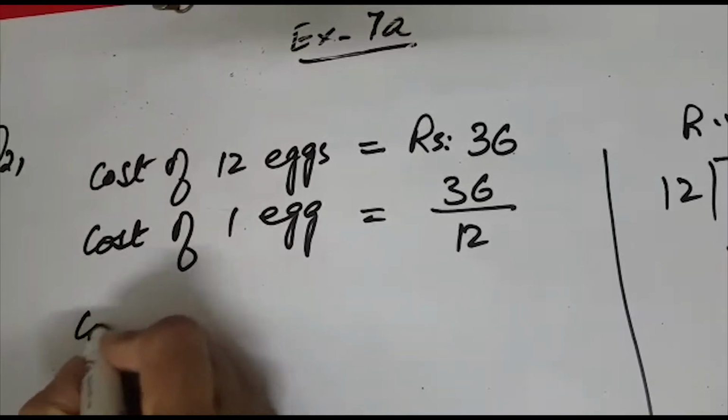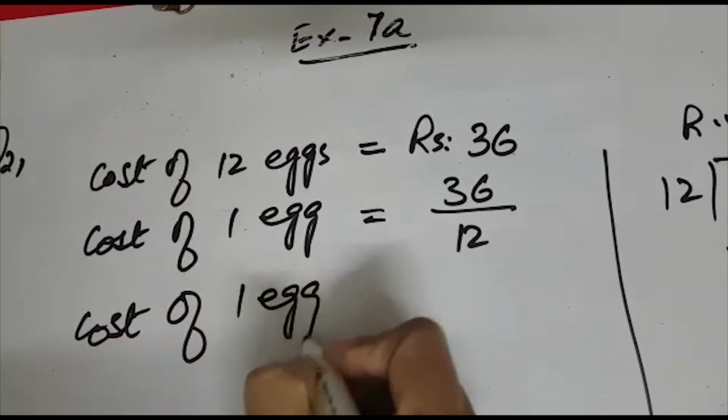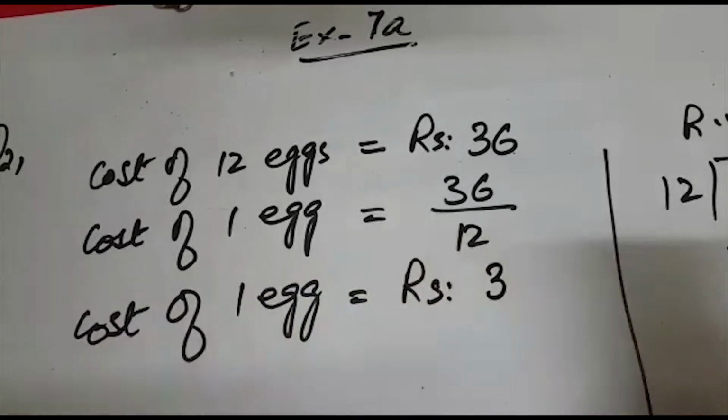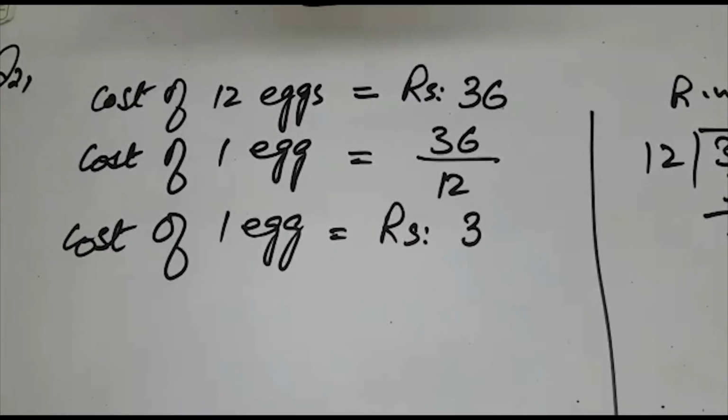So cost of 1 unit, or cost of 1 egg, is rupees 3. This is determined if you buy 12 eggs for rupees 36, obviously cost of 1 will be rupees 3.